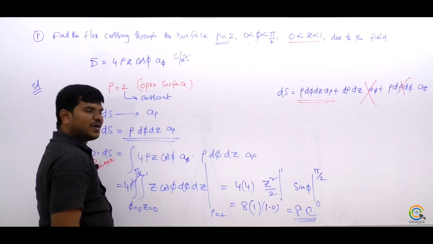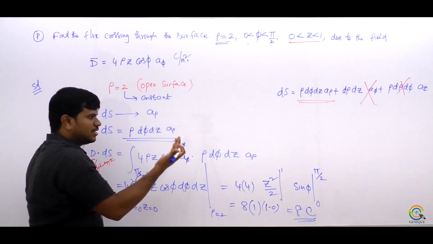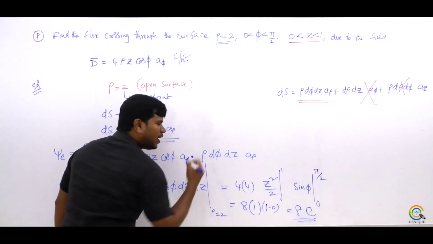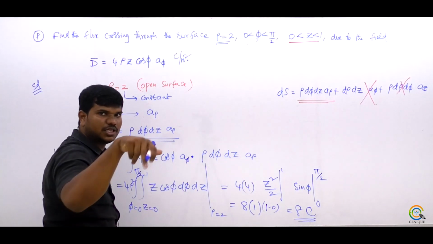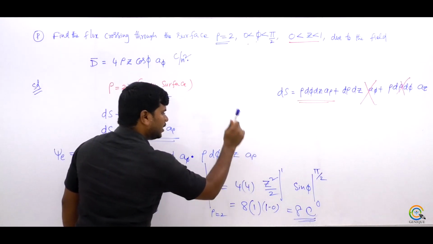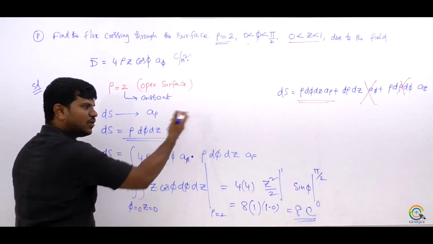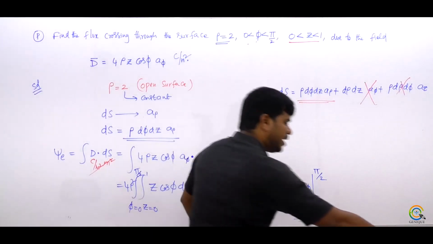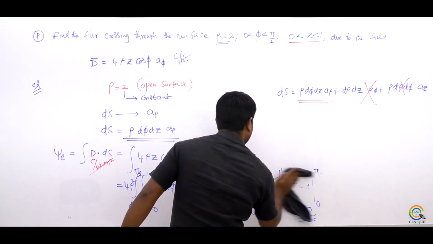So now what we can write? Observe this. The dot product of a phi into a rho would be 0. That means the final answer would be 0.